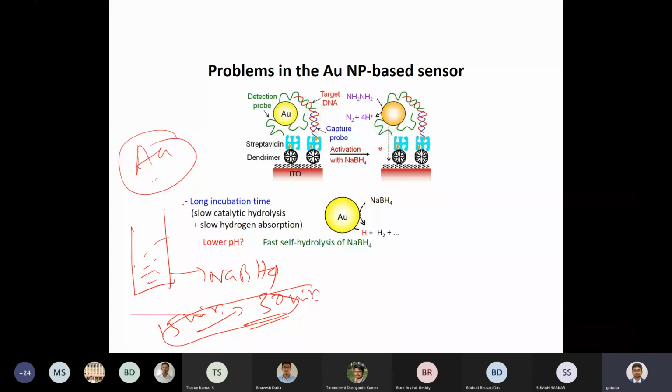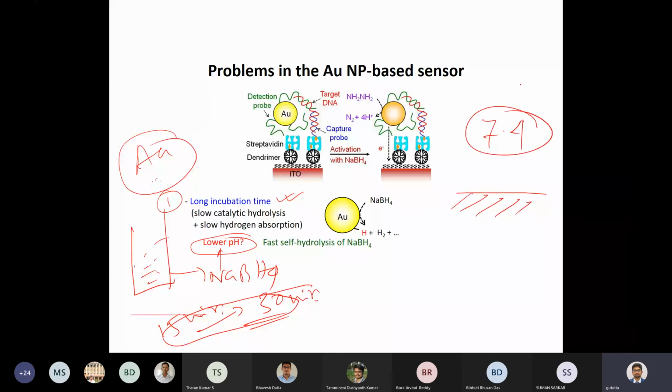Another problem, lower pH. Why is lower pH a problem? Because at acidic pH, biological and other materials can have their activity hampered, they can be destroyed. I mean, they can be changed at very acidic pH. Not only that, when we are using the sensor surface, generally we prefer neutral pH or 7.4.